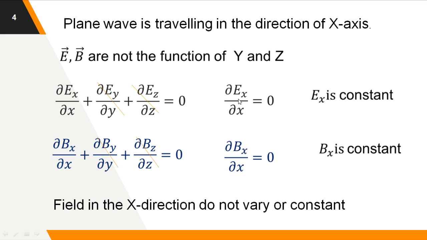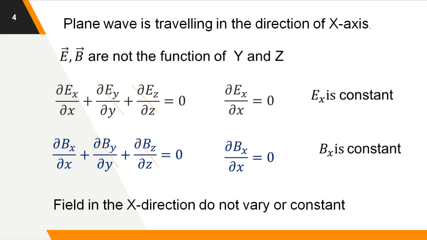The electric intensity value along the x direction is constant, not varying, or fixed. Clear? Similarly, Bx is constant, the magnetic field strength value along the x-axis. Here, in the direction in which the plane wave is traveling, it is constant, not varying.